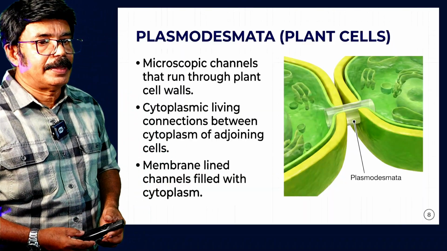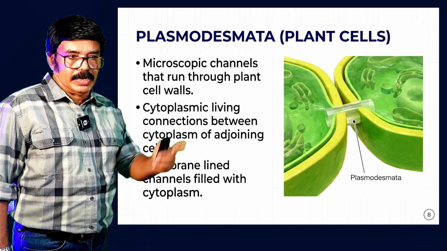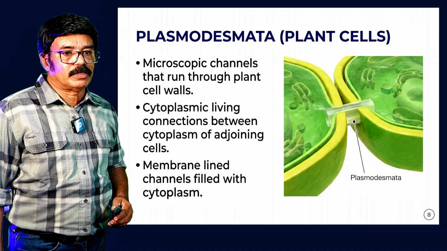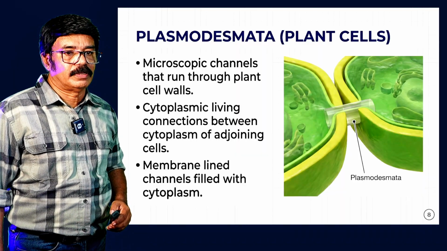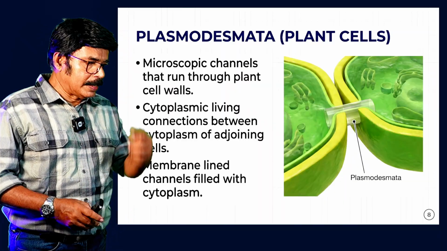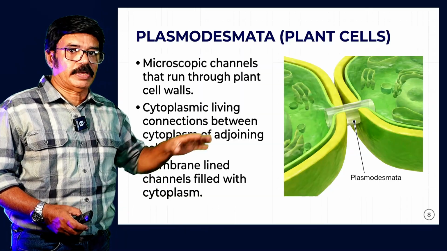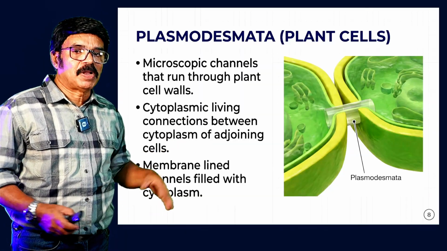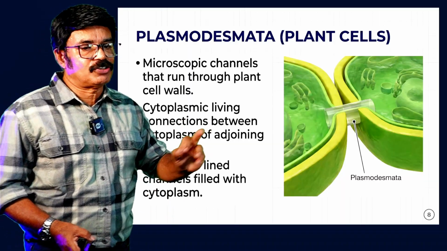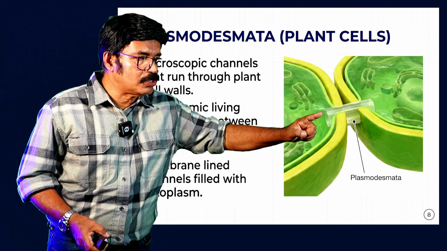Microscopic channels that run through plant cell wall. Cytoplasmic living connections between cytoplasm of the adjoining cells. You will learn all these things when you learn how water is transported. Water goes in plant by the symplastic pathway or whatever it is.